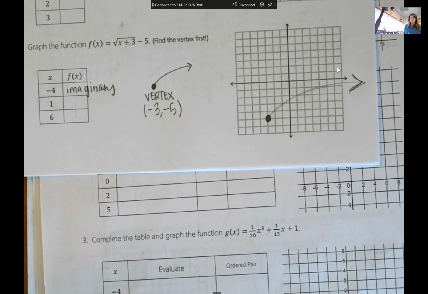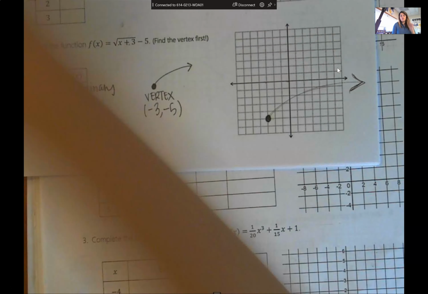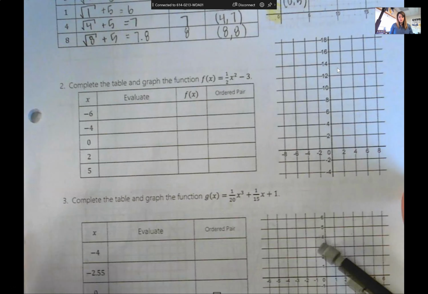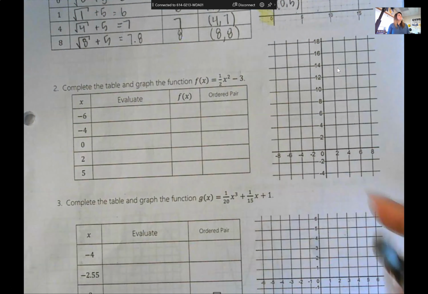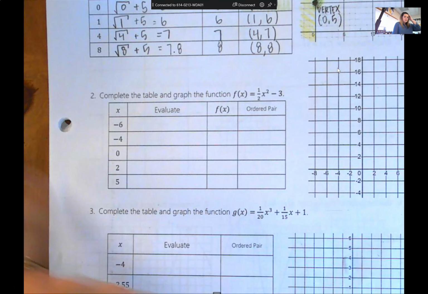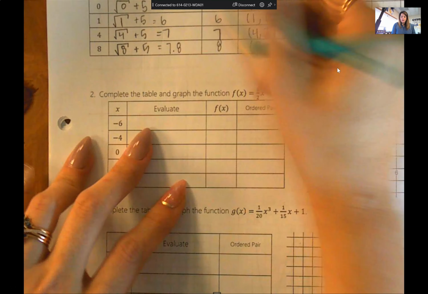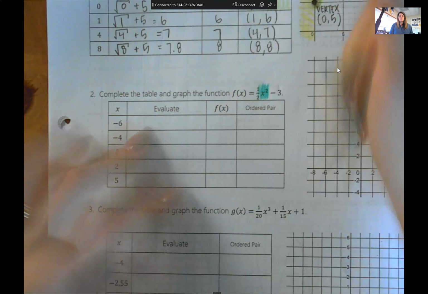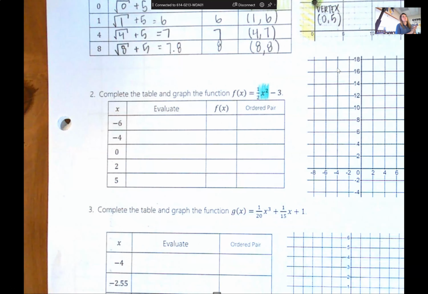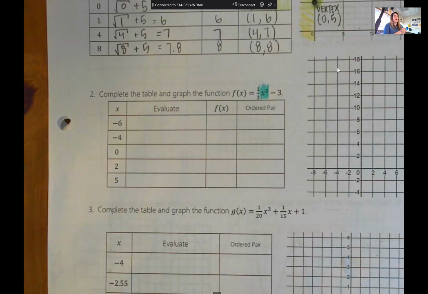Okay, let's go on to our next graph. Number 2 in your notes. This one is showing us that it is an x squared function because of that x squared next to the 1/2.